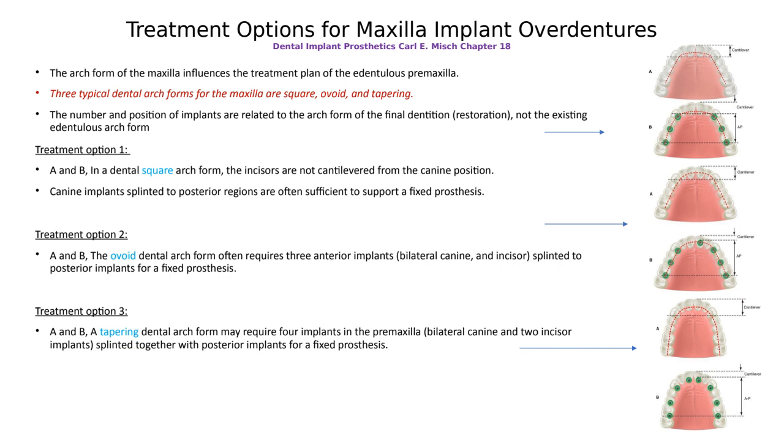Treatment number 3, A and B. A tapering dental arch form might require 4 implants in the premaxilla, so both in the canine area and 2 in the incisor area, splinted together with posterior implants for a fixed prosthesis.